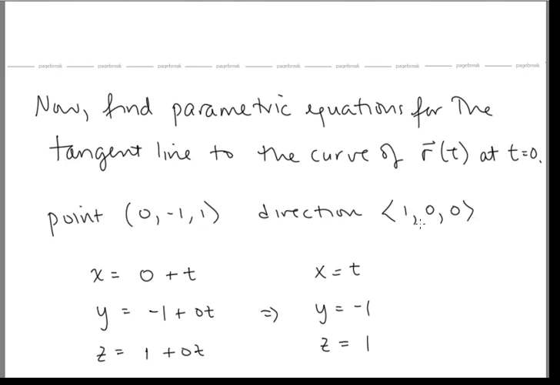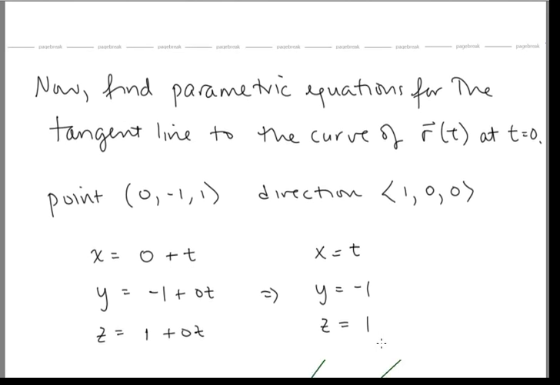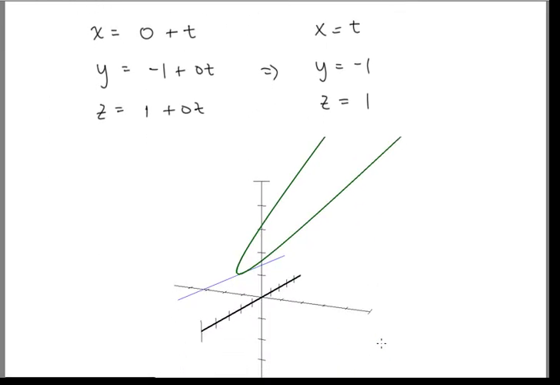So we have a point and a direction vector for our line, and we can just plug in x equals x0 plus at, y equals y0 plus bt, z equals z0 plus ct. And that simplifies to x equals t, y equals negative 1, z equals 1. And as a line, that looks like this.